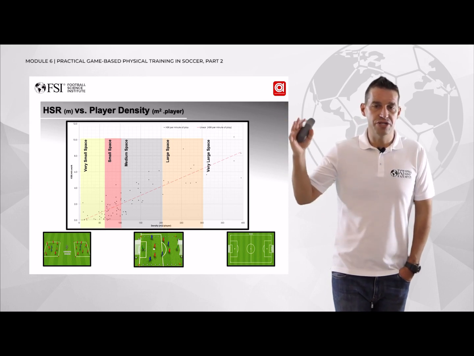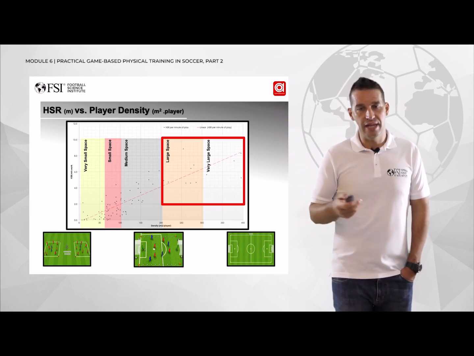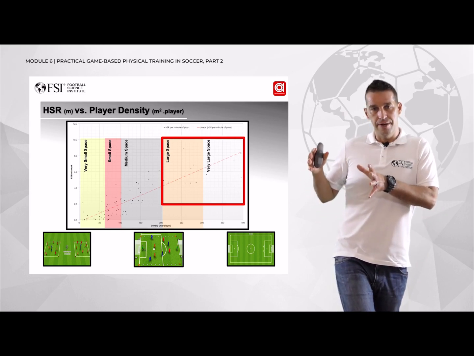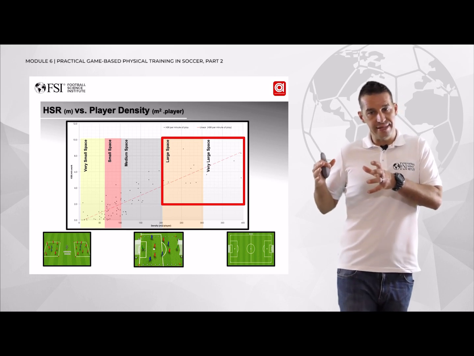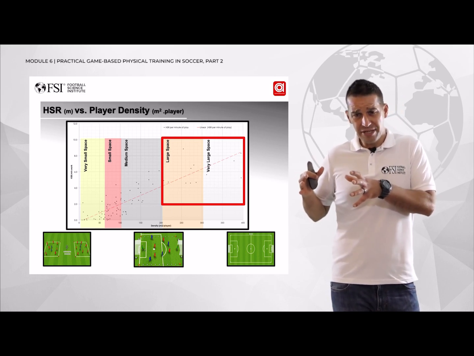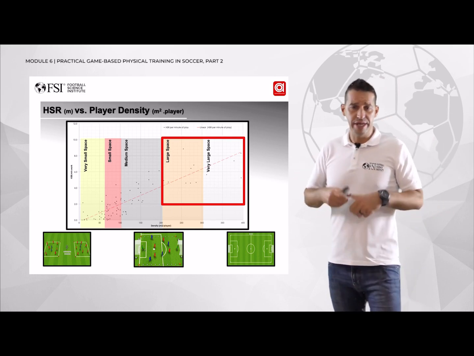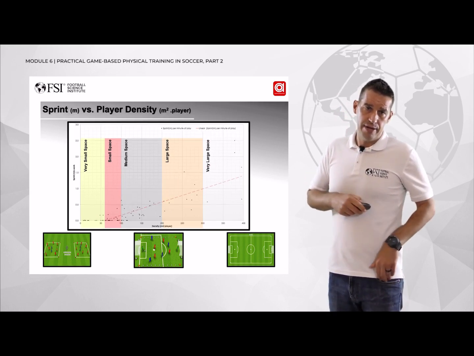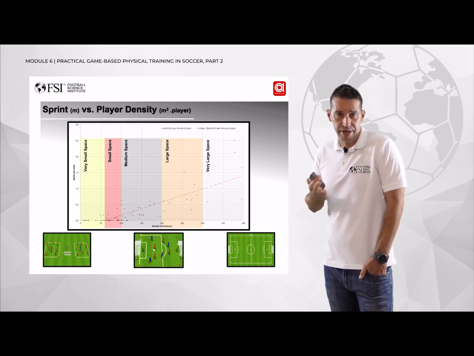As we slide along the scale to the very large spaces, getting closer to the same player density as a match day situation, we can see the increase in high-speed running is very apparent. Same with sprint distance.